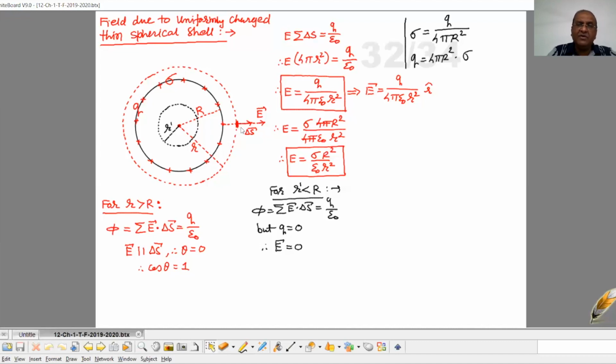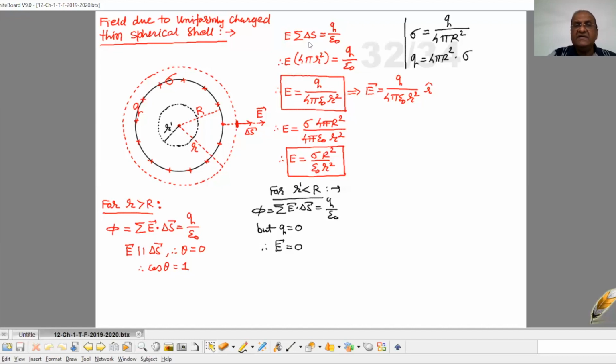E will be the same because each and every point on this particular Gaussian surface is at the same distance small r from the center. So due to this spherical symmetry, the field will be the same at each and every point. So we can write the flux passing through this Gaussian surface as E times the sum of delta S. But as per Gauss's theorem, it is Q upon epsilon 0.